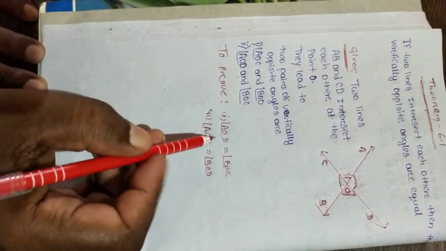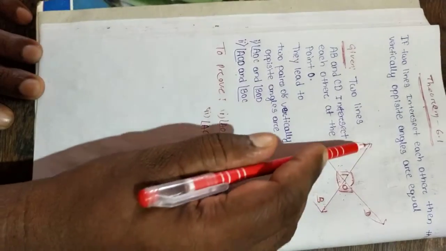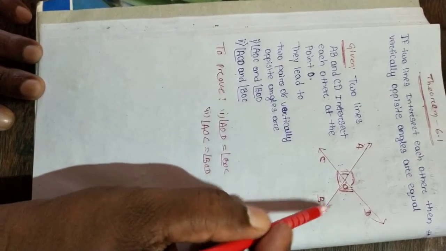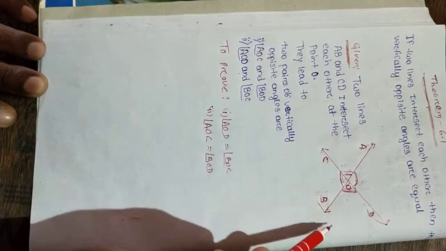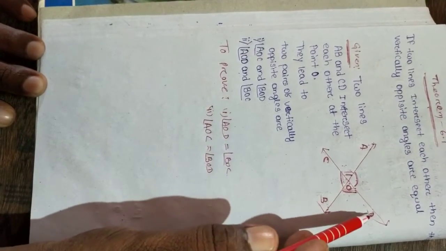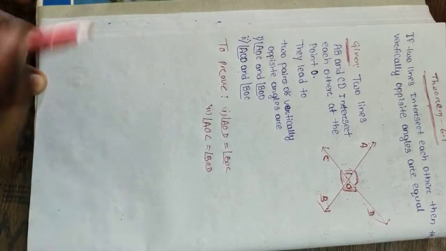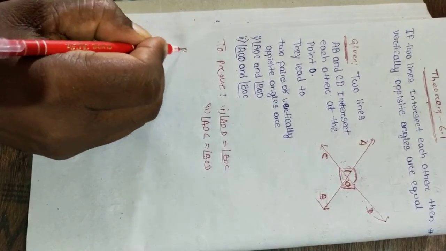We prove that AOD is equal to BOC and AOC is equal to BOD. Then the proof.